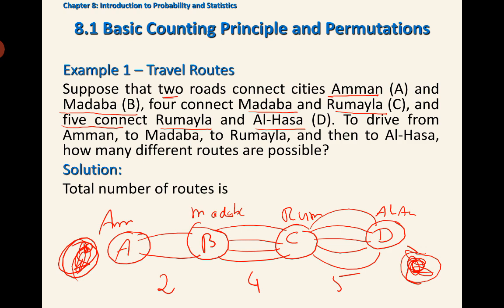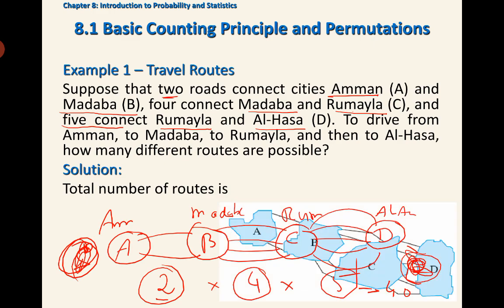Now this is the product of all these 3: 2 times 4 is 8, times 5 is 40. This is the meaning of this. The first event has 2 ways to occur, the second event has 4 ways, and there are only 3 events connecting the cities. So multiply them and you will get the number of ways. The answer is on the PowerPoint. You can check.